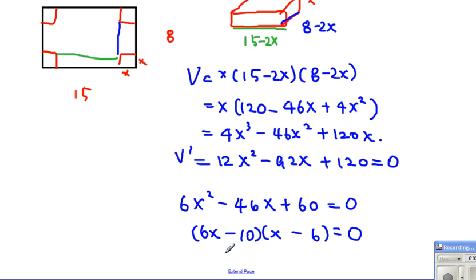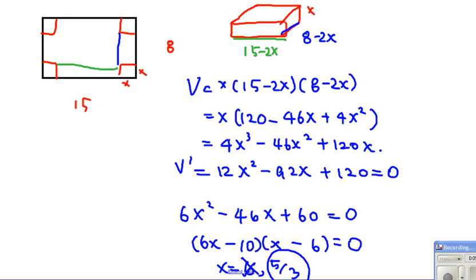So x can be either 6 or 5 over 3. But you will realize that x cannot be equal to 6, because if x were 6, then 8 minus 2x would be negative. So by rejecting that answer, x would have been 5 over 3.